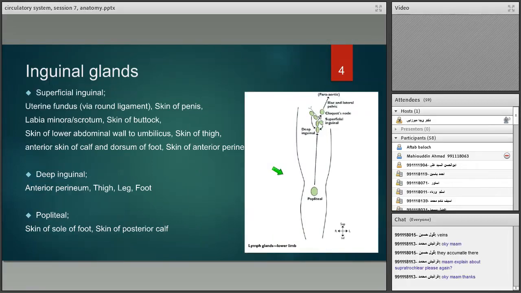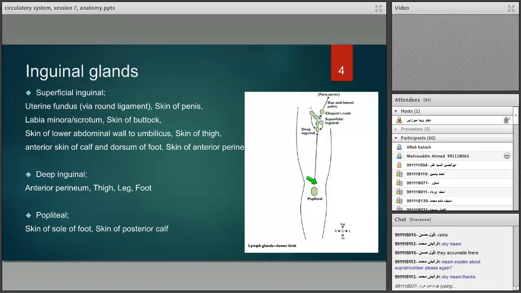Now, what about the inguinal glands? What about the lower limb? The first place for the lymph nodes in lower limb is the popliteal place or popliteal space. Okay, we have popliteal nodes in the popliteal space.